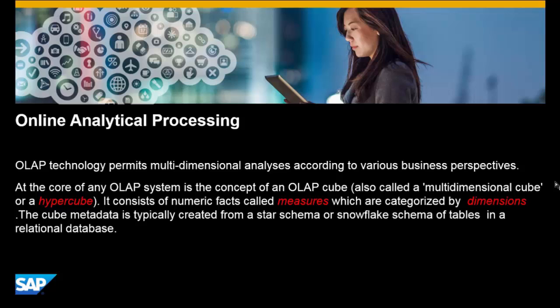So the terminology used is the OLAP cube, a multi-dimensional cube or hypercube, and basically the numeric facts on which you are interested in your business are called measures, and they're categorized by dimensions. And as I said, typically created from a star schema with a number of dimensional tables.